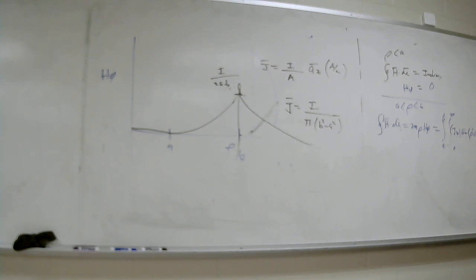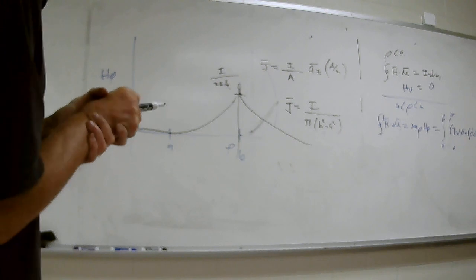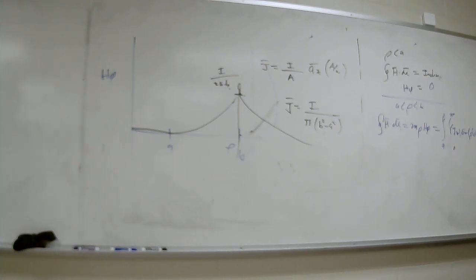Here's the law: curl of H is equal to J. The curl is defined on the inside cover of your textbook. I'm not going to expect you to memorize that, I will give you the curl. But by the time the final exam comes, you should be able to do the curl in Cartesian.